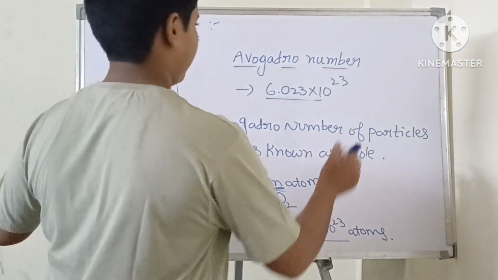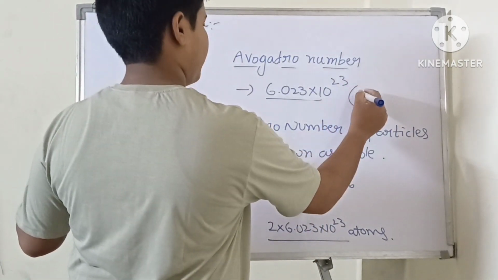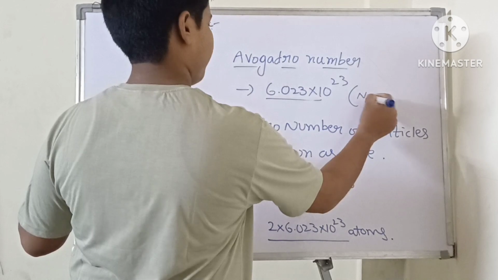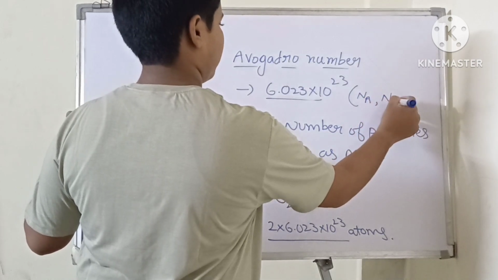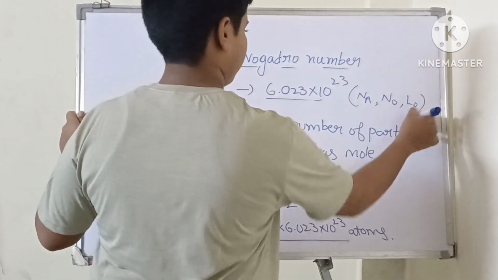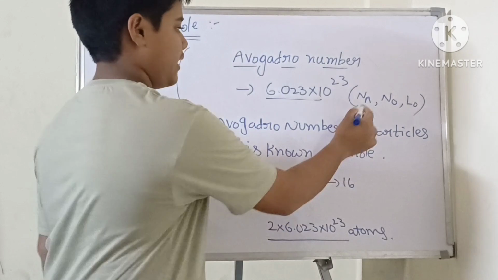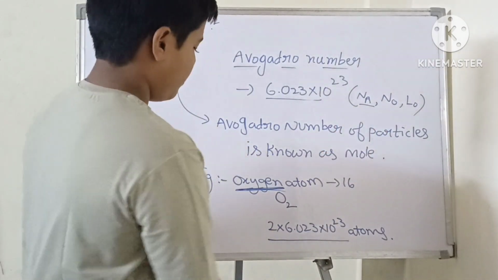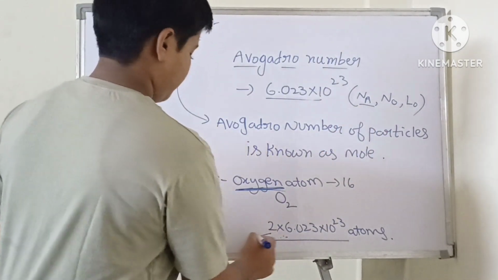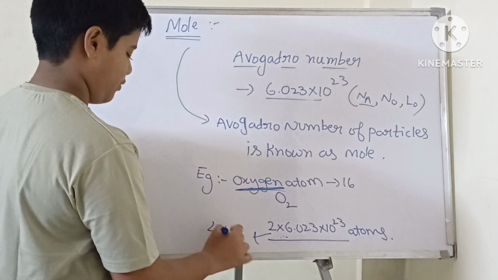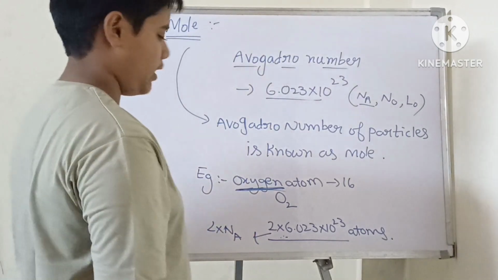One important point is that the Avogadro number is written as Na or M dot or L dot, mostly Na. So here we can write this simply as 2Na, 2 into Na. I will explain again.